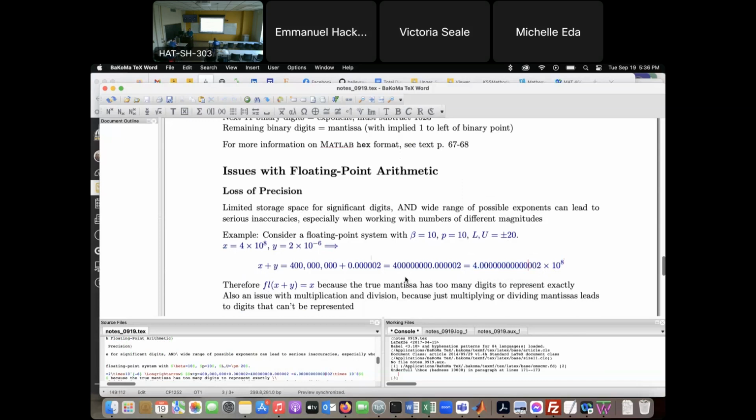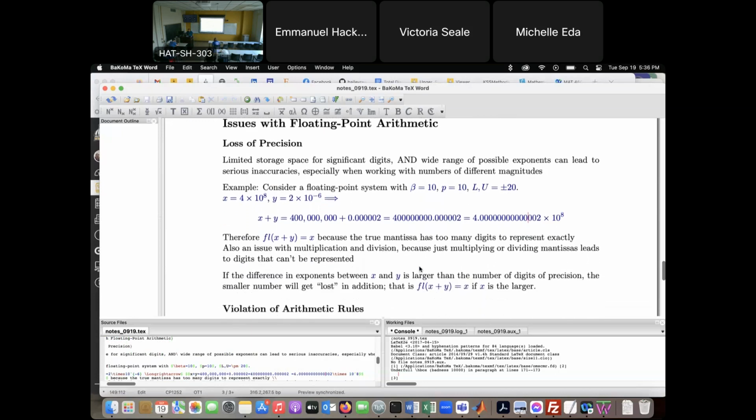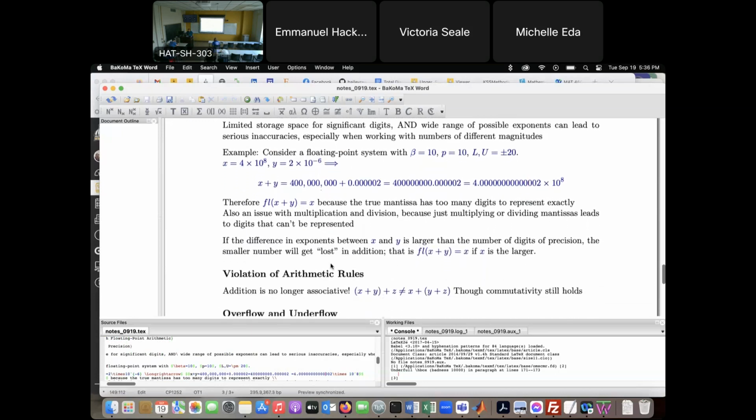So this is the situation where we can have loss of accuracy. When you are multiplying and dividing numbers, what you're doing is multiplying and dividing the mantissas. In that case too, there's bound to be some digits that just fall off the edge. Okay, this is what I was talking about, if two numbers are widely varying in magnitude.